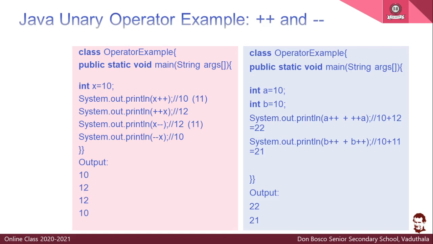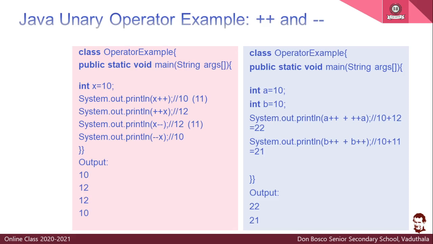After the first plus operator, the value of a will change to 11. That is the meaning of use and change. a plus plus means it will use only 10, but for the next operator, a will become 11, but here we will use only 10.